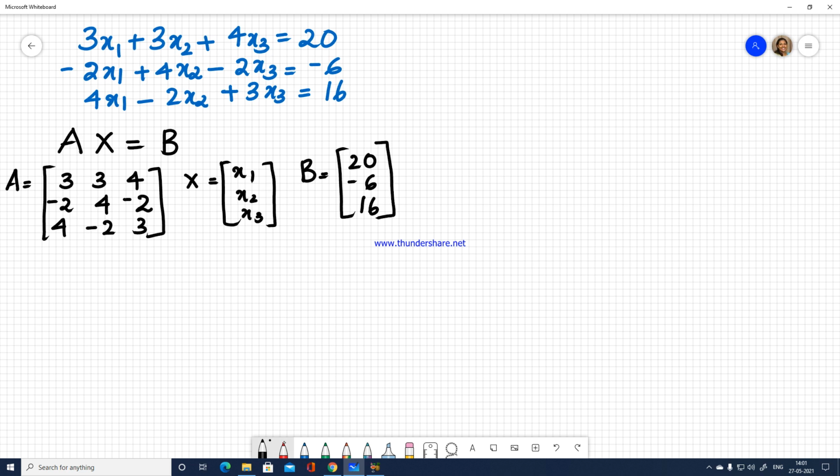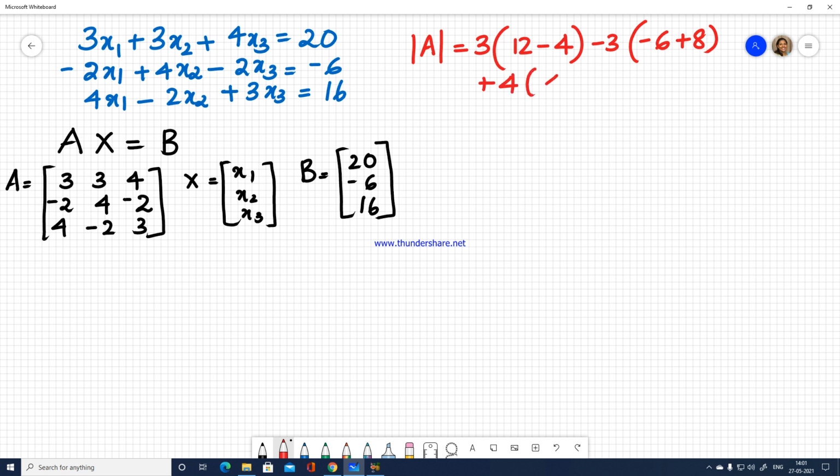Okay, now we need to find the determinant of A first. So determinant of A is equal to 3 into (12 minus 4), minus 3 into (minus 6 plus 8), plus 4 into (4 minus 16).